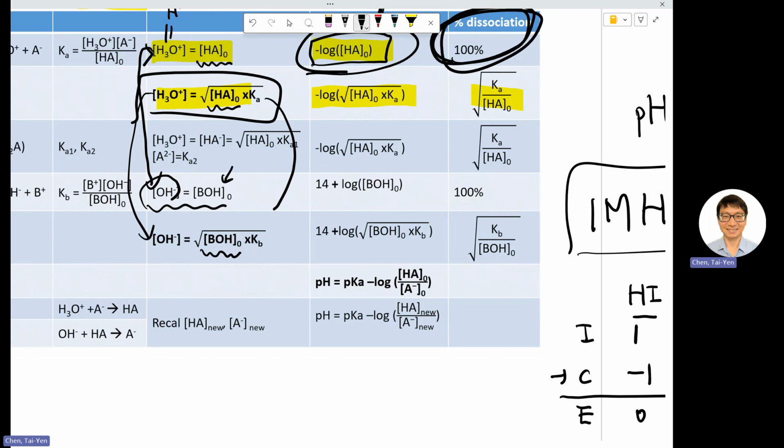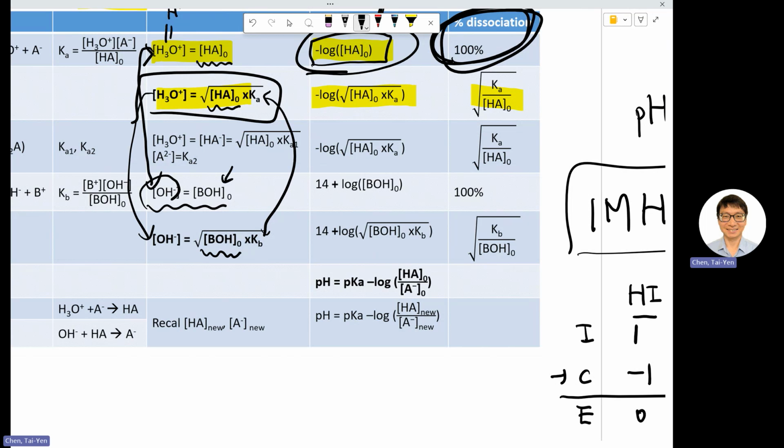We replace the Ka, make it become Kb. Take the square root of that. Then you can get the OH minus concentration of a weak base. And you take negative log of OH minus, you get pOH. 14 minus pOH gives you your pH.